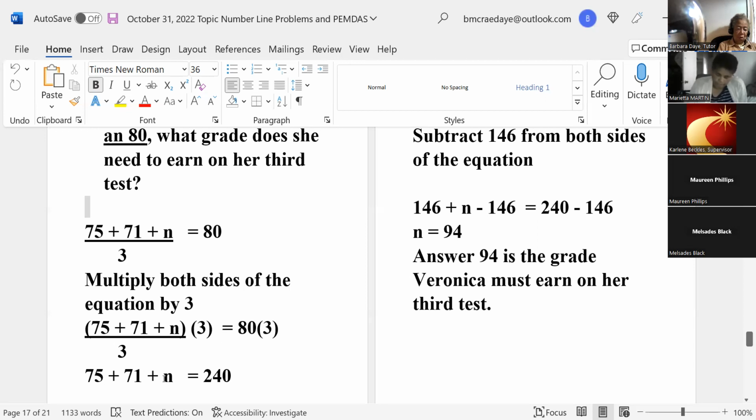So n would be 240 minus the sum of 75 and 71, which is 146. We subtract the 146 from the 240 and we get 94. That's the grade Veronica would have to earn on her third test to get an average of 80 for the 3 tests. So the answer is 94.